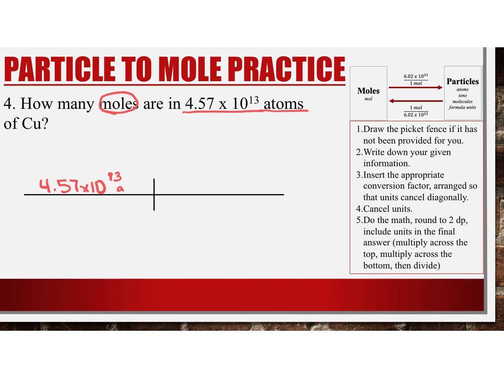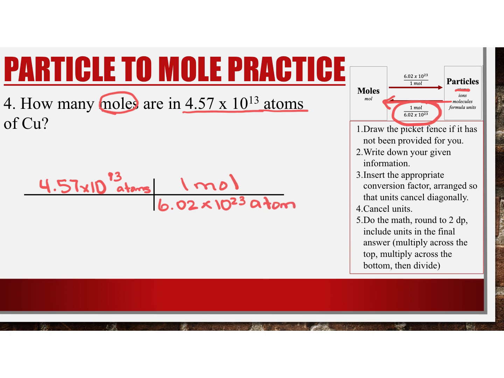this atoms, and so I'm starting here. I'm going to go this direction, so I'm using that conversion factor, which means I'm going to be dividing again. Don't forget your unit, which is the particle.